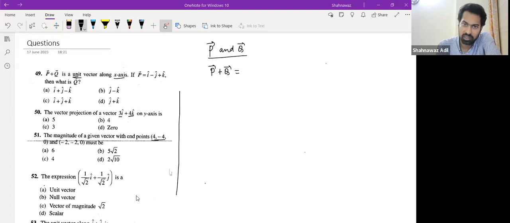So unit means one, right? Magnitude is one along x-axis. So what is the unit vector along x-axis? Ifat and Siddhika. So we have this x-axis, y-axis, z-axis. So along x-axis, what is the unit vector? Yes, Siddhika.